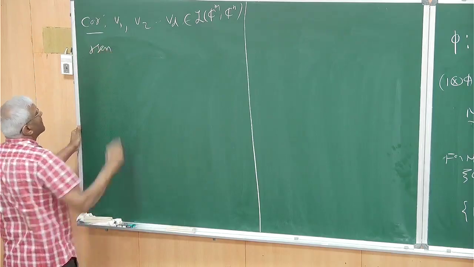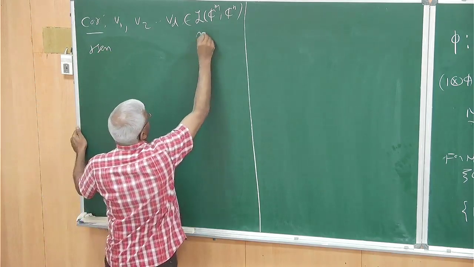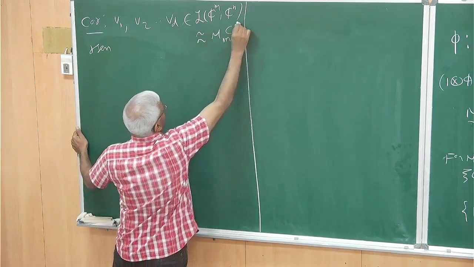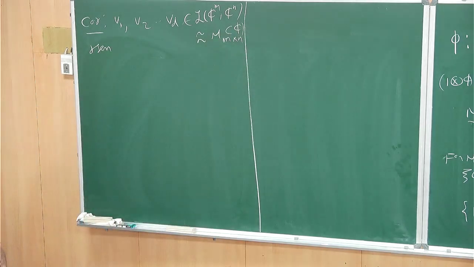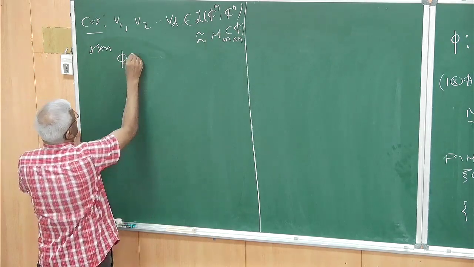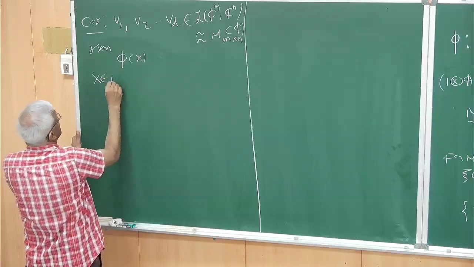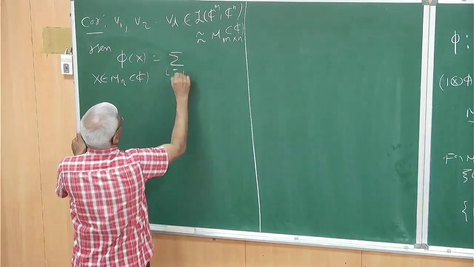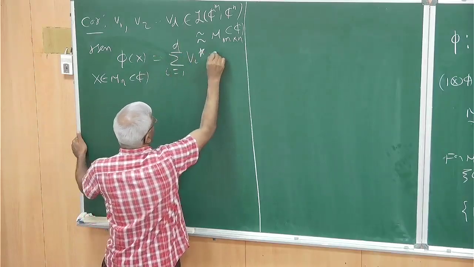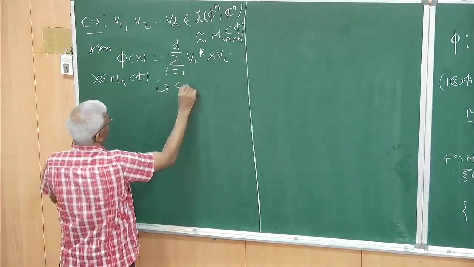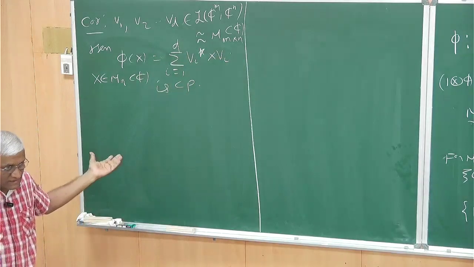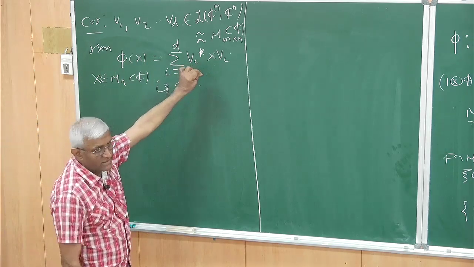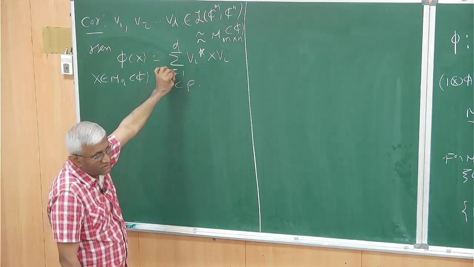This is actually identified with an M cross N matrix. Then phi of x, for x in Mn(C), equal to summation i equal to 1 to d of Vi star x Vi, is CP. So it's clear. It just follows: you have to prove that each one is CP, then the sum is also CP.